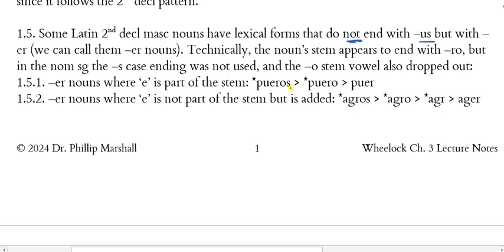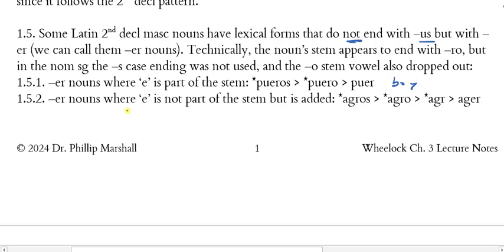Even here, the s was not actually used. So I put it here just to show you what we would have expected. We have puerOs with an s, which should have been the case ending. That case ending was not used, so we have puero. And then the o drops out, and so we're left with puer. That's our lexical form for the word for boy, puer.